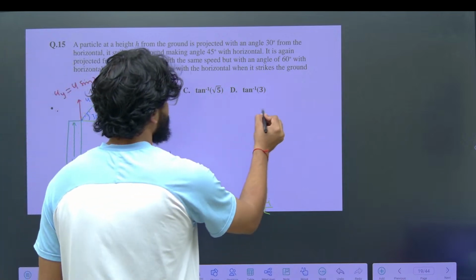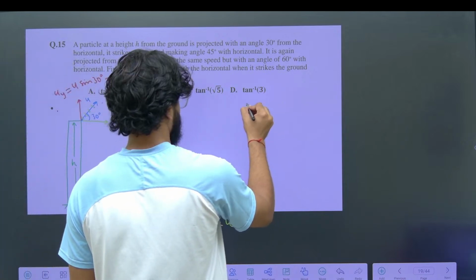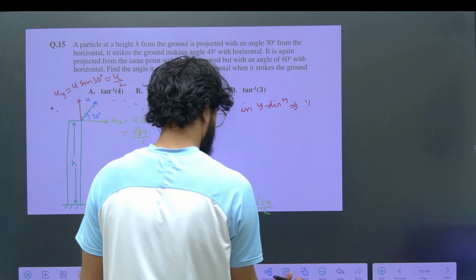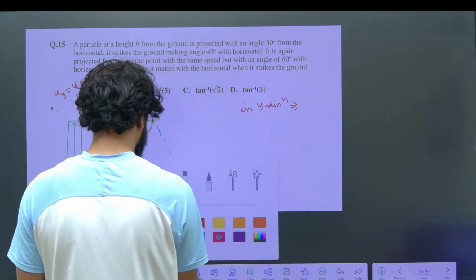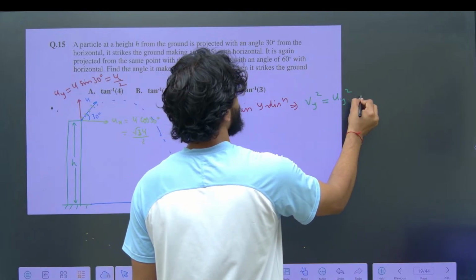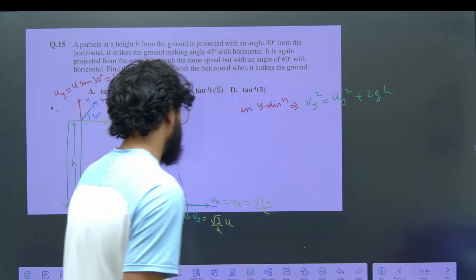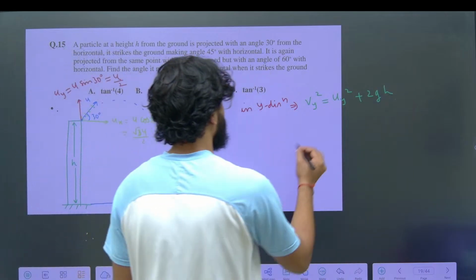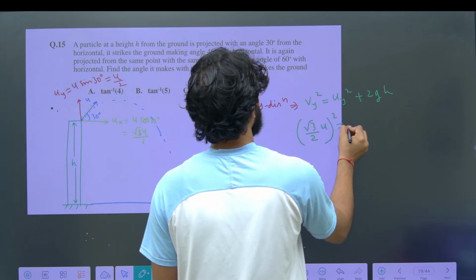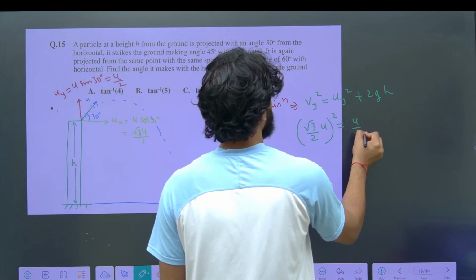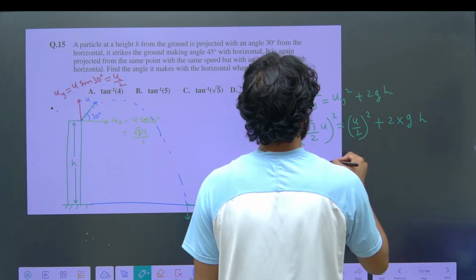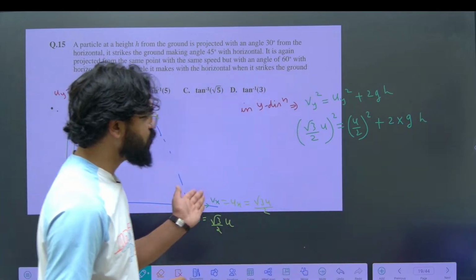So we can write in the y direction, Vy square equals uy square plus 2gh. ठीक है, so Vy square will be (root 3 by 2 u) square, uy will be (u by 2) square plus 2 into g into h. So from here we can have some relation between u and h.